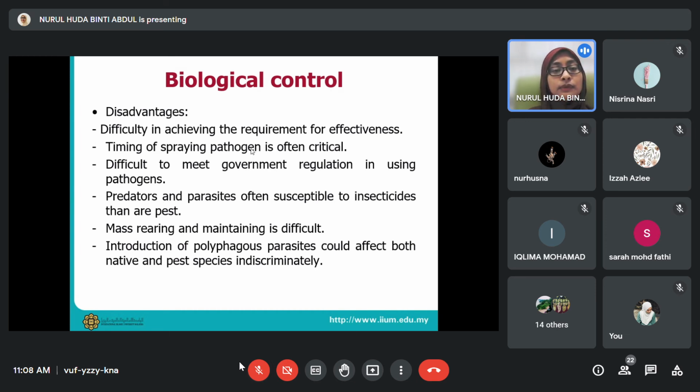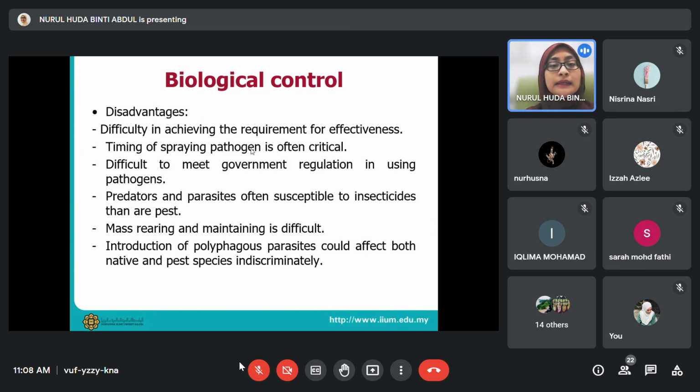And then also difficult to meet government regulation. Okay, when you talking about pathogens, there are always issues sama ada dia akan influence human health ke tak. So any product that produced by using the type of what we call it living things, pathogen ni as you know is living thing kan, sama ada bacteria, fungi or anything.